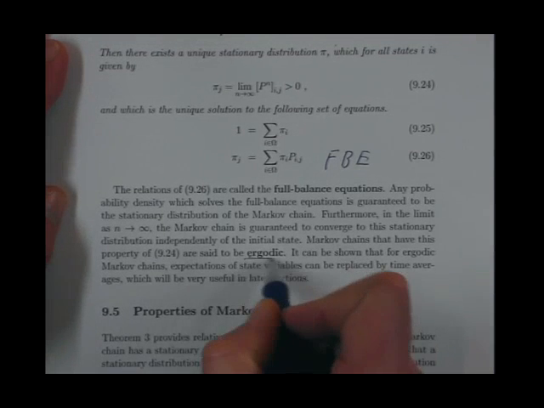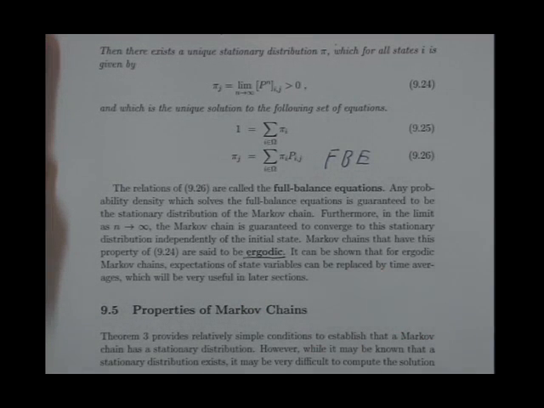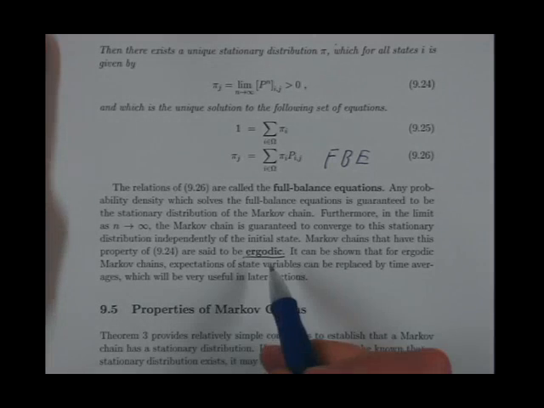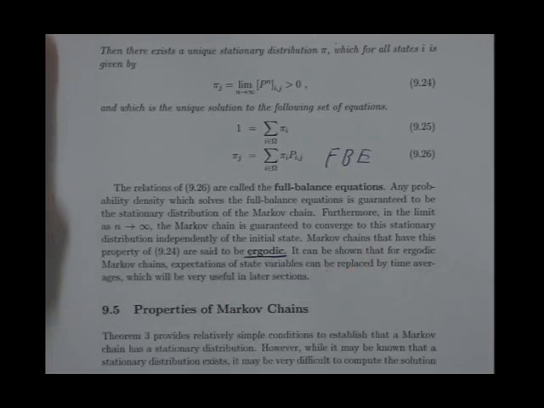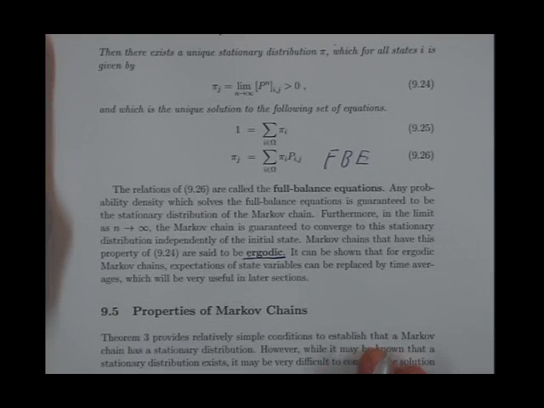Now, you have to be a little careful about the word ergodic. It has different meanings in different contexts. They're related, but not exactly the same. If a homogeneous Markov chain is ergodic, it means that if you wait long enough, it'll reach a steady state distribution that's the unique solution to the full balance equation. In addition, there's a concept of ergodicity for a random process, which is that time averages converge to expectations.